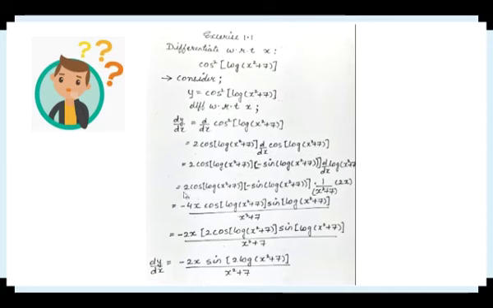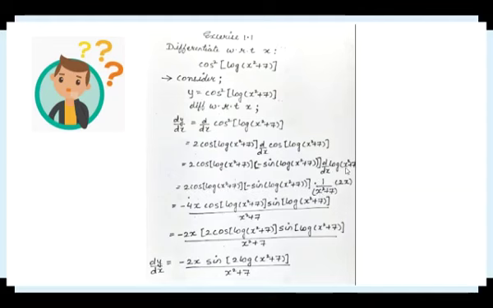Next we'll see 2 cos of log of (x square plus 7), then minus sine of log of (x square plus 7), and again we have to take the derivative of log of f(x), that is 1 upon f(x), and the derivative of x square plus 7.